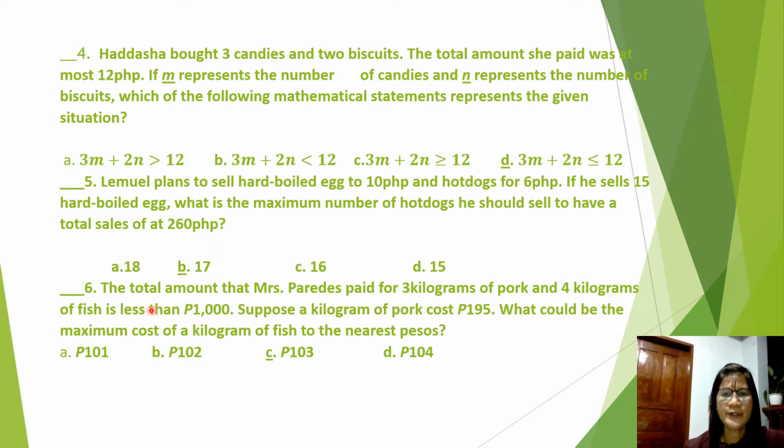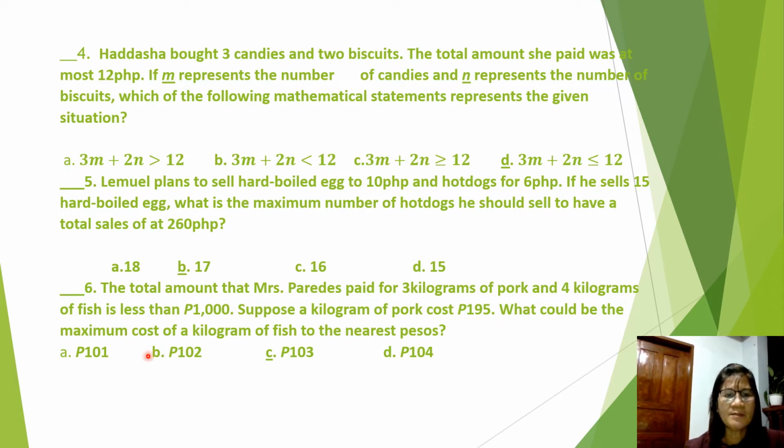Okay, number 6. The total amount that Mrs. Paredes paid for 3 kilograms of pork and 4 kilograms of fish is less than 1,000 pesos. Suppose a kilogram of pork cost 195 pesos.